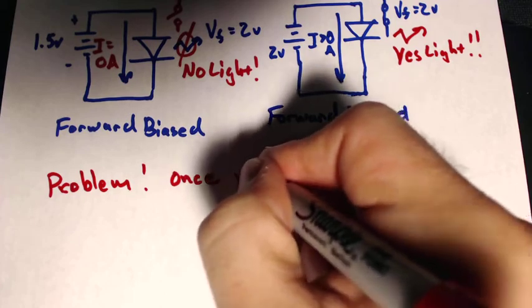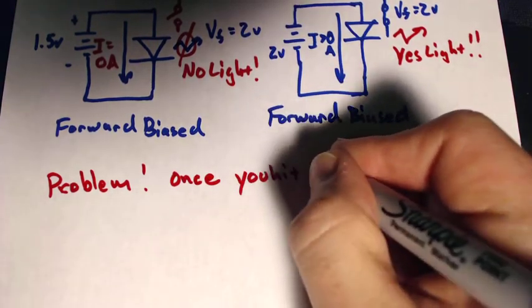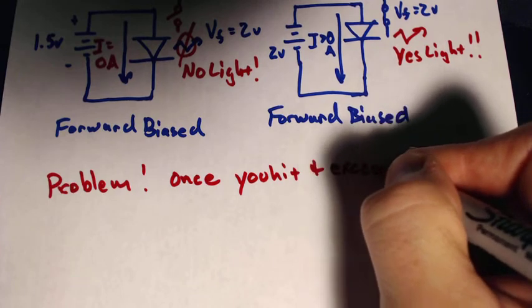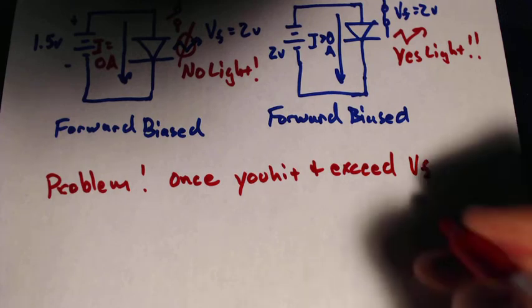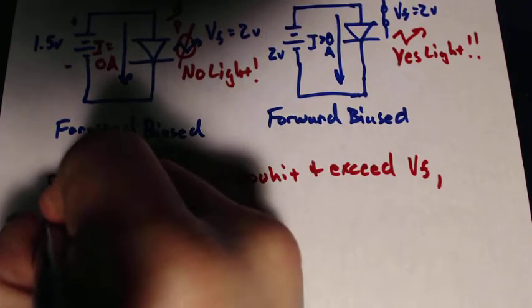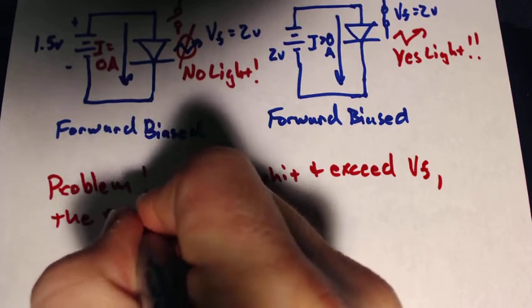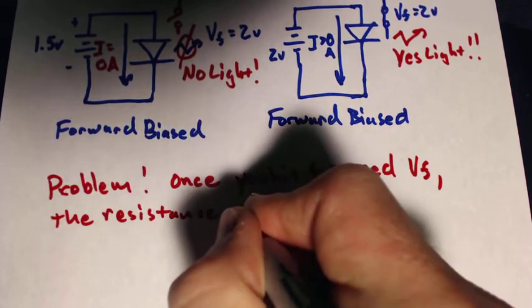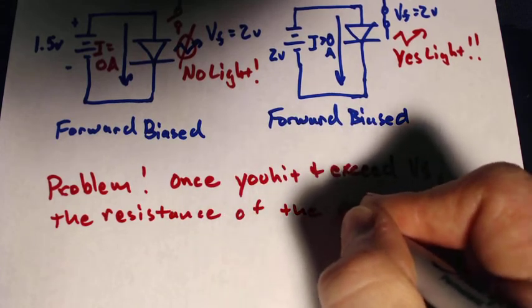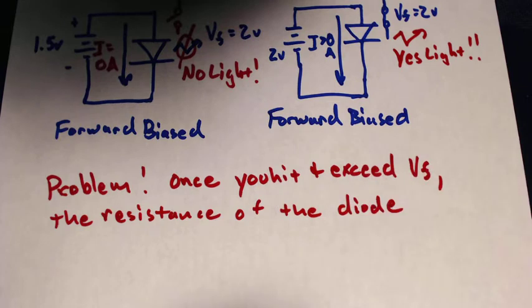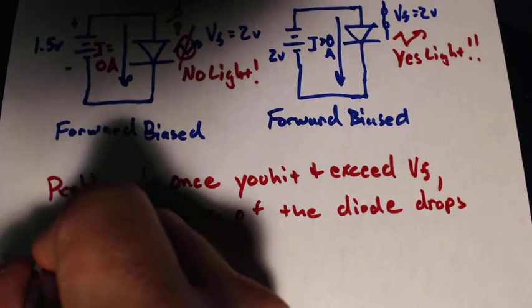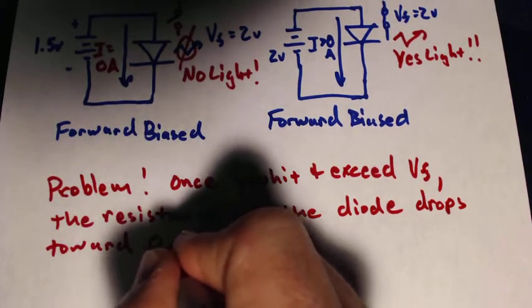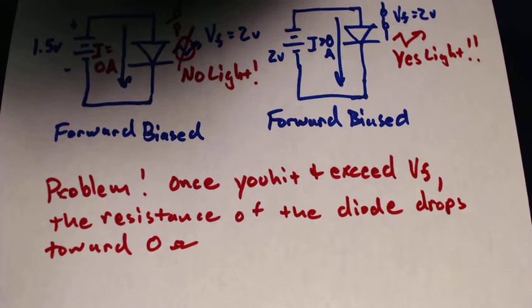Once you hit and exceed the forward voltage, the resistance of the diode drops towards 0 ohms. Okay? You kind of see what this problem's going to end up looking like.